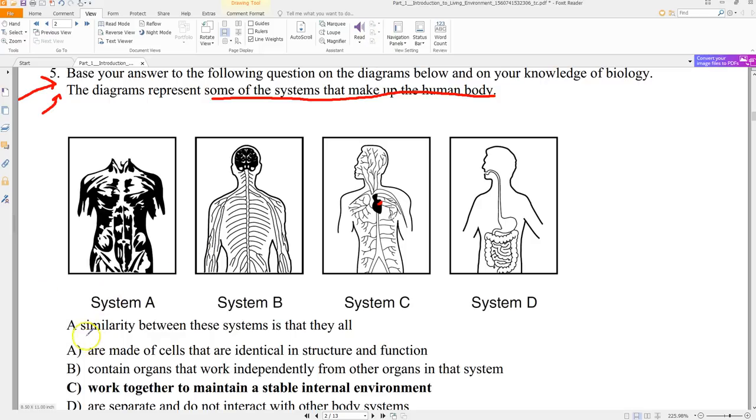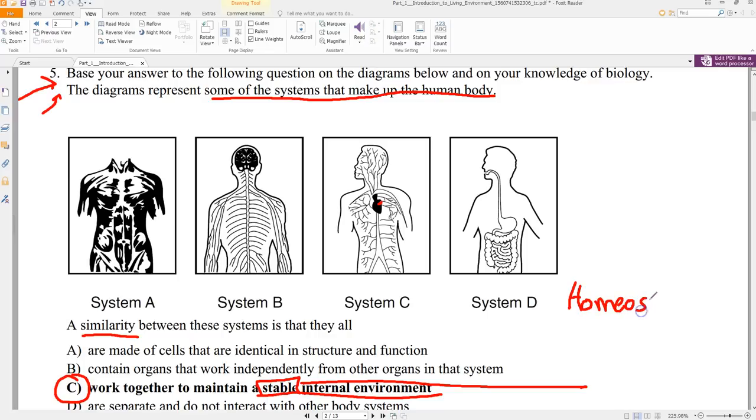So let's see. A similarity between these systems is that they all what? They all work together to maintain a stable internal environment. Here's another word that talks about homeostasis. Homeostasis, guys.